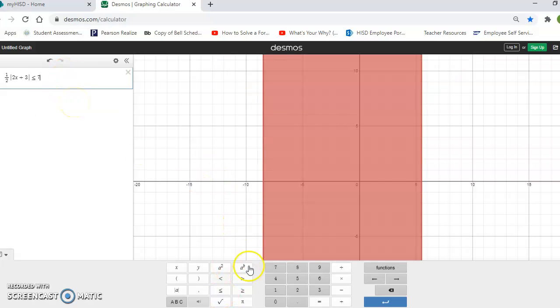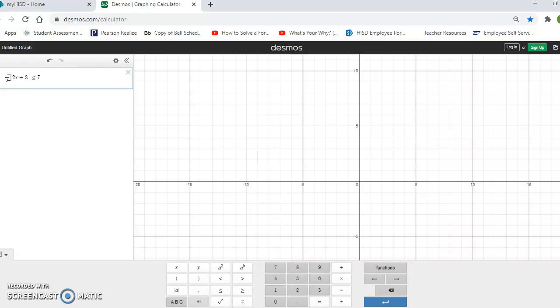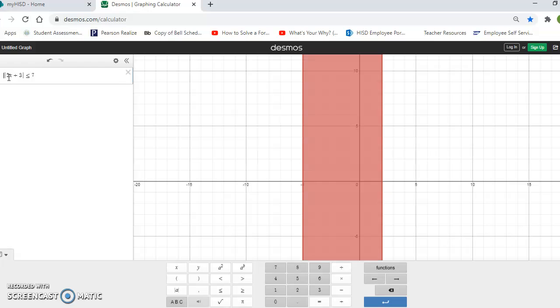All the symbols are there in the keyboard, so that will be useful. And this is not half. 2x plus 3 is less than or equal to 7.